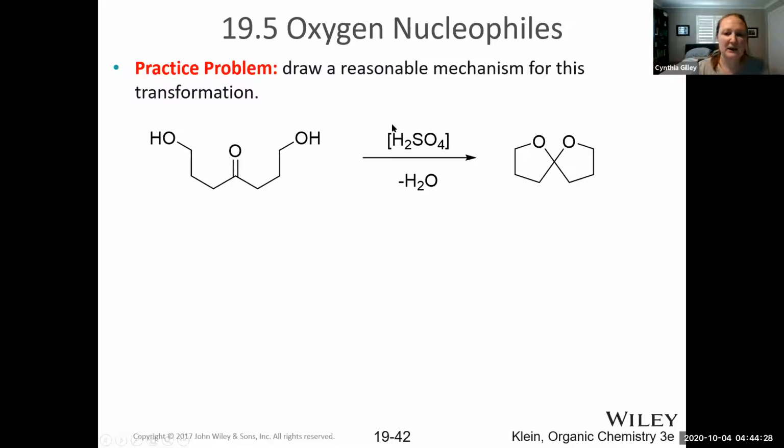Catalytic acid is being used, so make sure your mechanism is consistent with acidic conditions, and we should be producing a molecule of water in this reaction as well. So go ahead and stop and see if you can draw a reasonable mechanism, again trying to follow those acidic conditions.